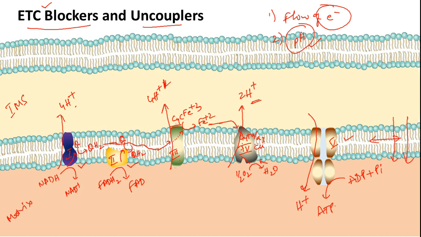In these two cases we call them uncouplers, because they ultimately affect the oxidative phosphorylation cycle. They do not do anything to the electron transport chain, but they largely influence ATP synthesis. That is the basic difference between ETC blockers and ETC uncouplers. Let's move ahead.